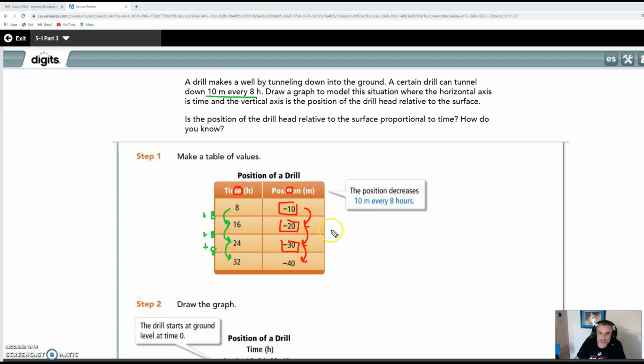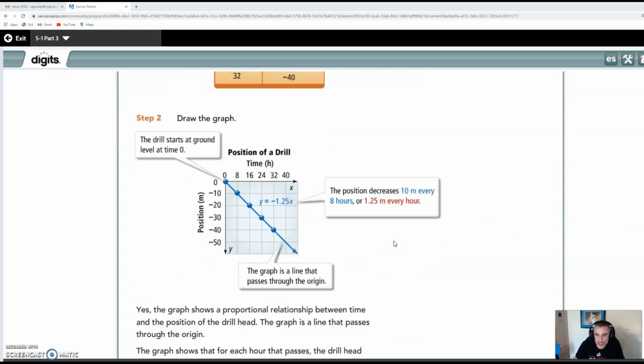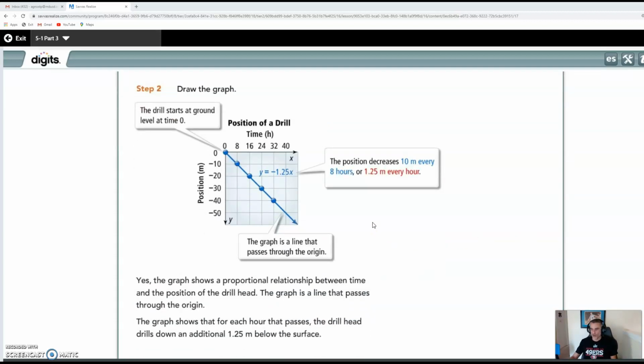All right, let's look at the graph of this relationship. One thing I want you to notice about this graph is that it goes down from left to right. We always read graphs from left to right. So if I start here, notice that we're going down. And literally, it's almost like we are actually drilling.